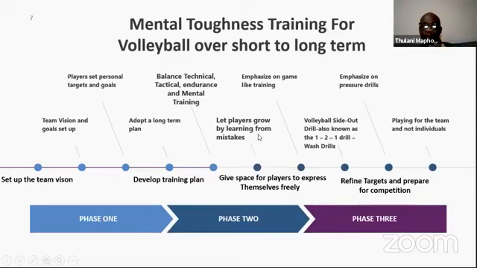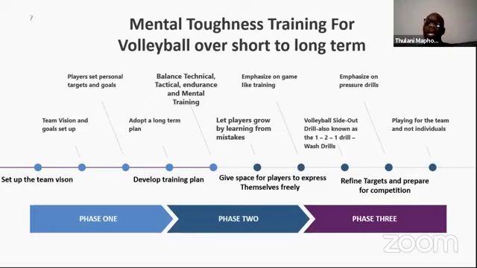Phase 2, let's put an emphasis on letting the players grow from their mistakes and emphasize game-like training. My colleagues have been highlighting that. And then the critical phase is where we develop the game by refining the targets and preparing for the competition, using the latest game-like systems, especially side-out drills and wash-out drills, the 1-to-1 drills, whereby when we serve, we get a point from service, and then on transition we ensure that we get an additional 2 points, or even more, from transition.